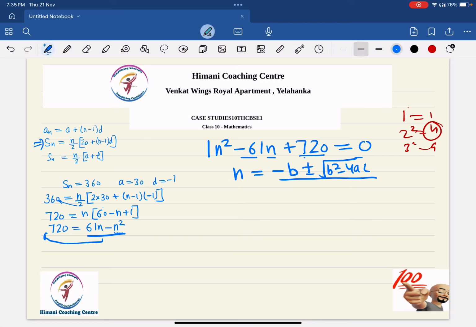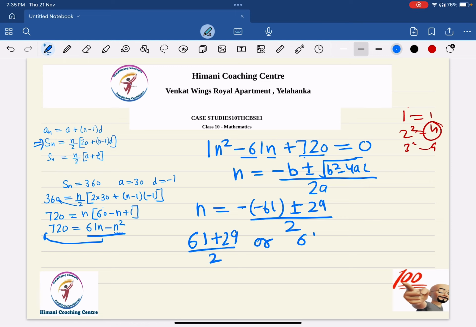So let us put that value here and get the value for n. So minus b, minus of minus 61, plus or minus 29 by 2, because a is 1. So n would be either 61 plus 29 by 2, or 61 minus 29 by 2.